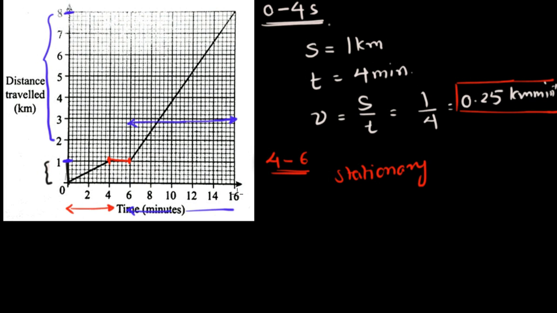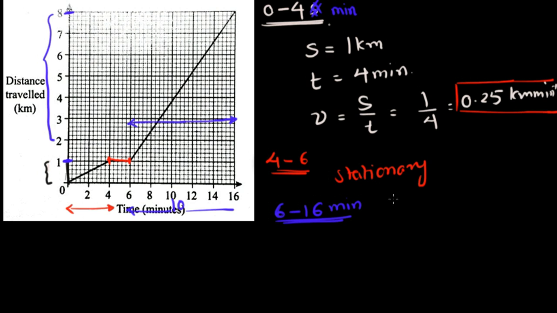So how much is that? 16 minus 6, that gives me 10, right? So let me write down, it was happening from 6 to 16 minutes. My bad, that should be minutes there.